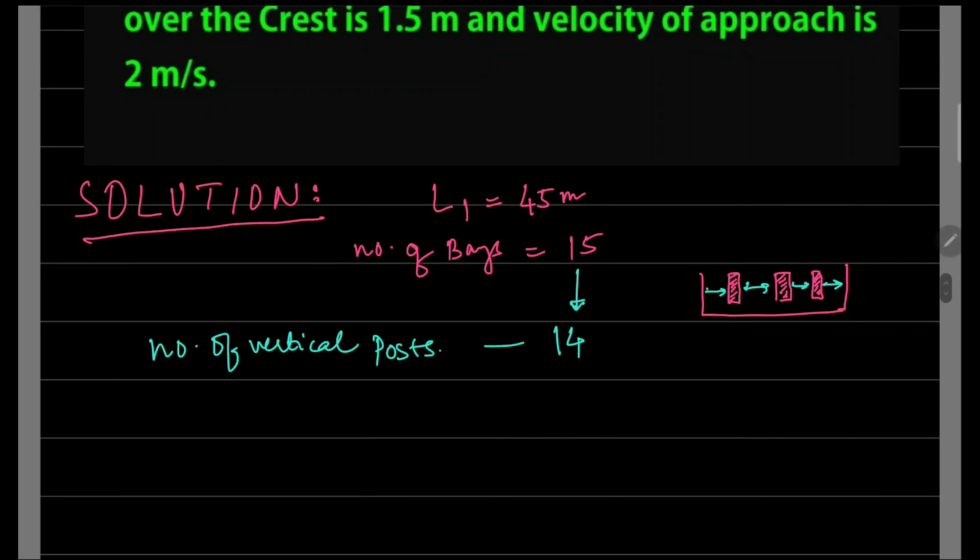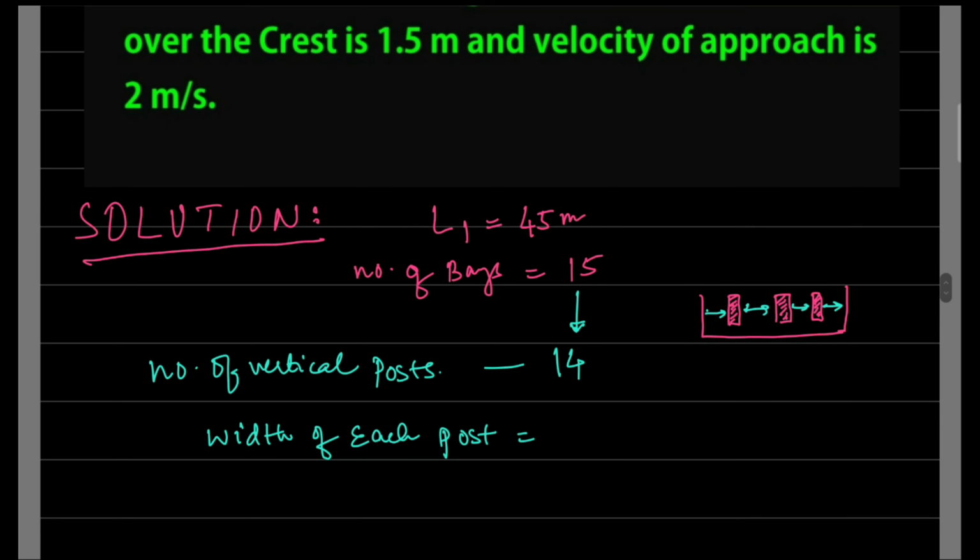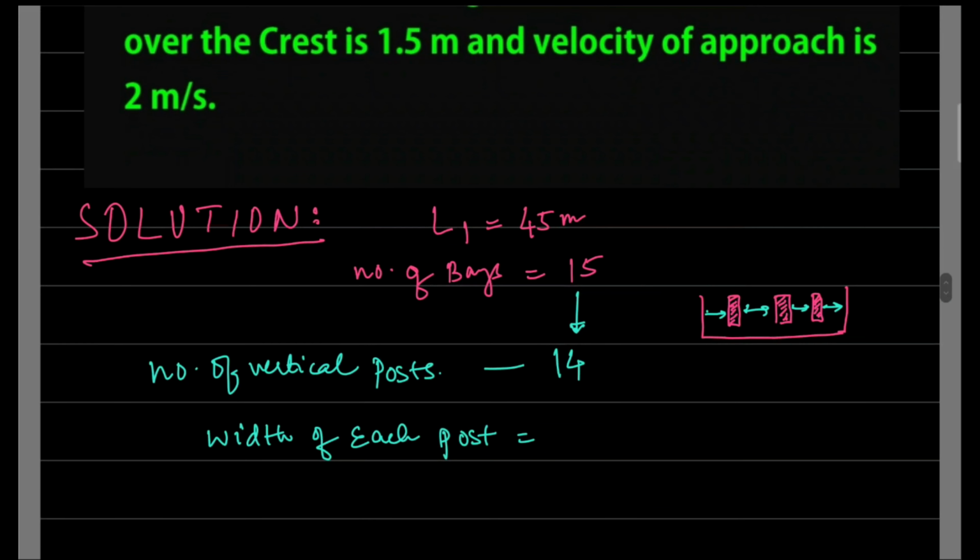So the width of each post is already given in this problem, that is 30 centimeter. So this is 0.3 meter.